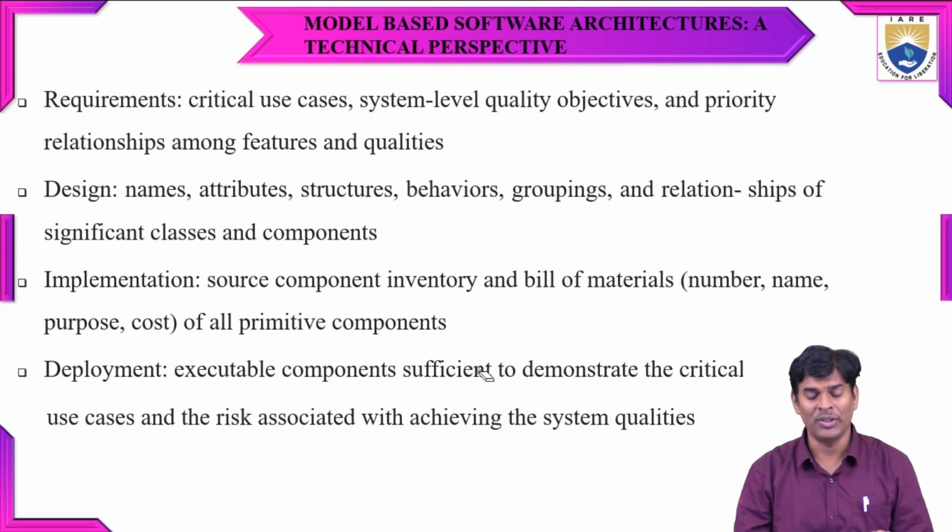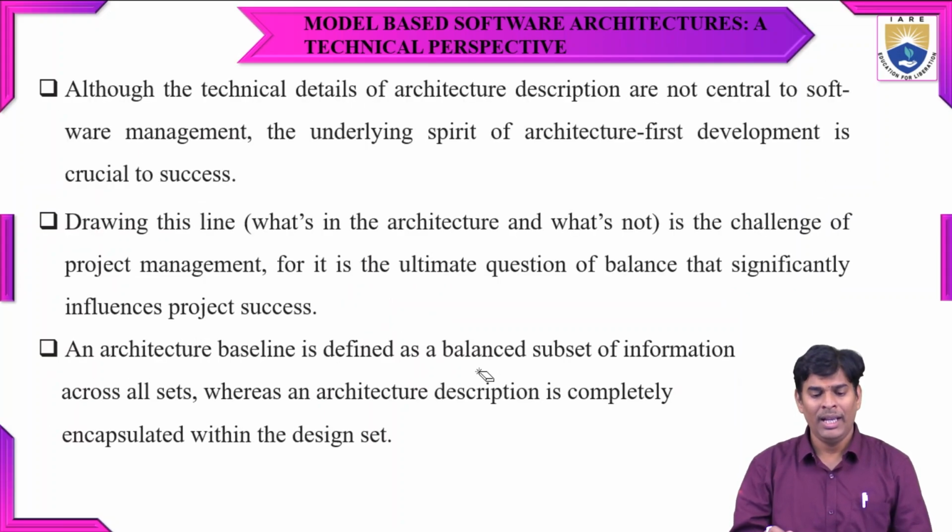And the deployment. So deployment is nothing but the final one. So they need to demonstrate the critical use cases and what the risk assessment will be, whether the risk is high or low, and they need to verify the quality during the deployment. And these are the main technical details about the architecture. Okay, and they need to check how much success will happen, which depends on the software architecture.